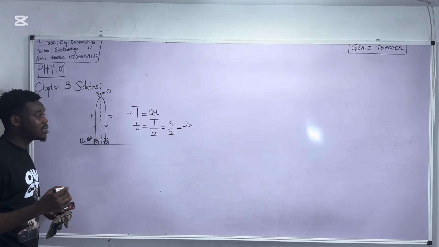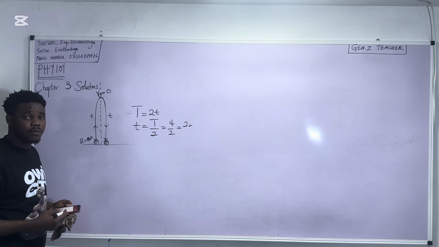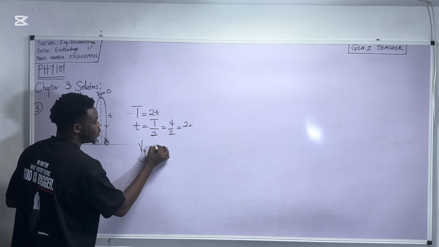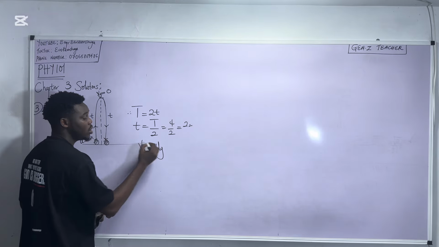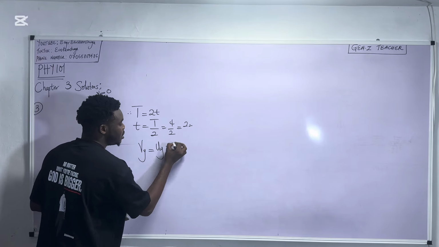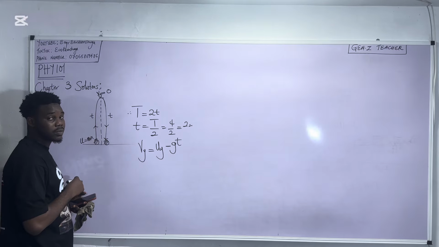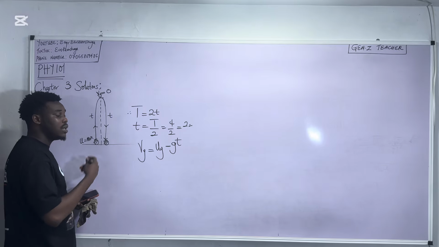Now, since we have the time to get to the maximum height, we can apply the equation of motion, which says the velocity in the y-axis equals the initial velocity in the y-axis. Since I'm moving upward, I'm going to apply minus gt, where this t is the time to reach maximum height. Recall, at maximum height, Vy equals 0.